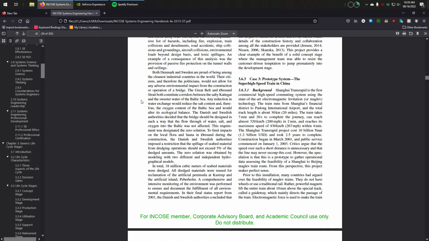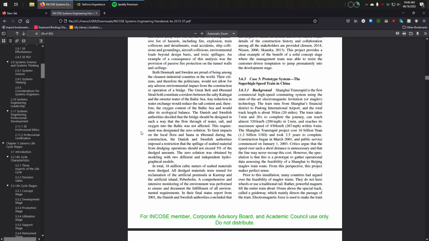Any reduction in water exchange would reduce the salt content and therefore the oxygen content of the Baltic Sea and would alter its ecological balance. The Danish and Swedish authorities decided that the bridge should be designed in such a way that the flow through of water, salt, and oxygen into the Baltic was not affected. This requirement was designated the zero solution.